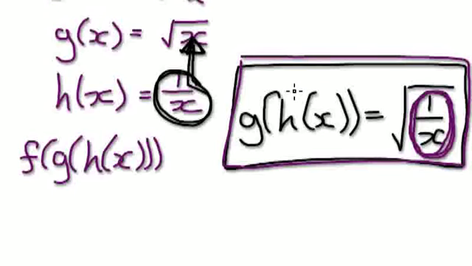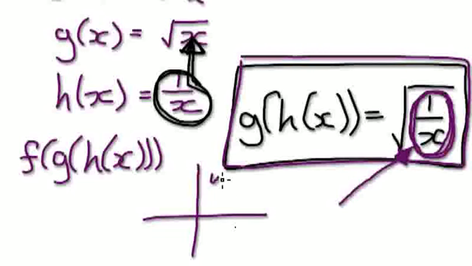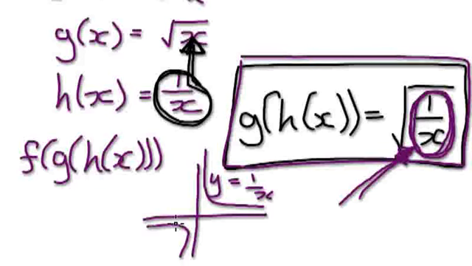So the next question to ask is, when is this bubble here less than 0? Visualize the y equals 1 over x graph, the reciprocal graph.